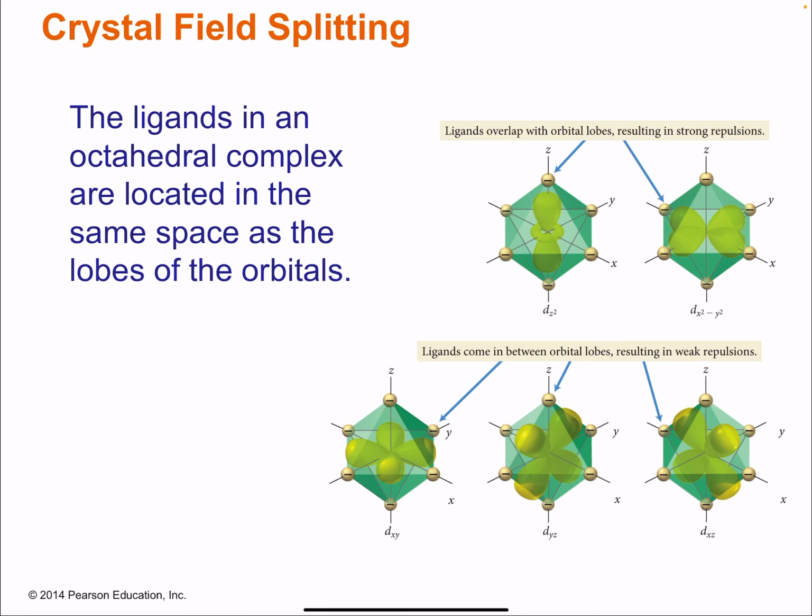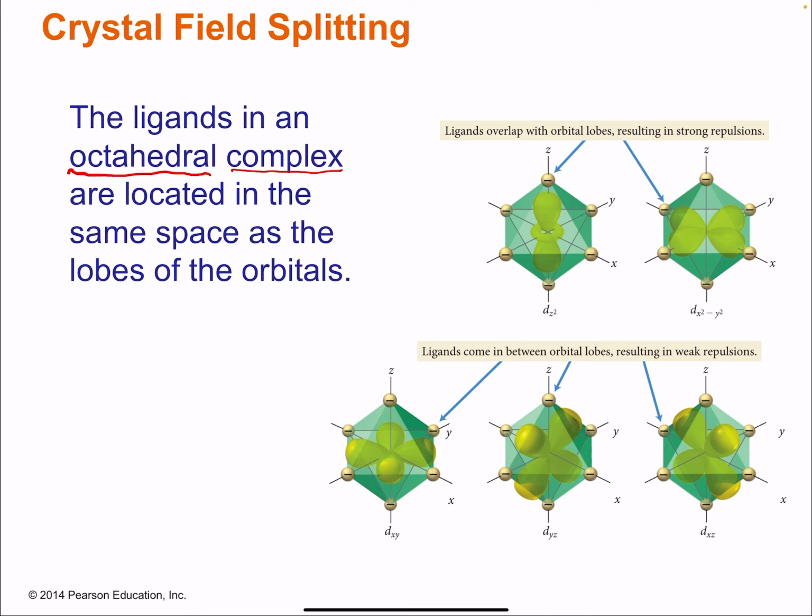So let's move on. We talked about this particular splitting pattern that happens to octahedral complexes. And for octahedral complexes, I told you last time that you should know your d orbitals. There are d orbitals along the xyz axis, and there are d orbitals that are off axis.